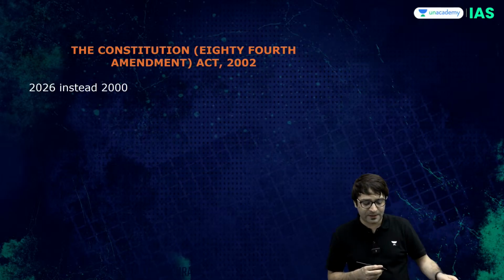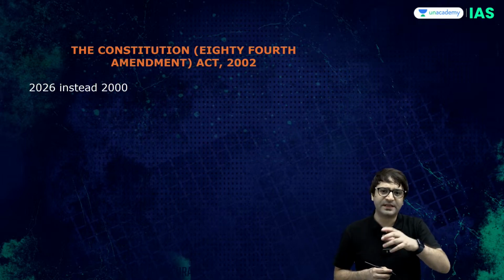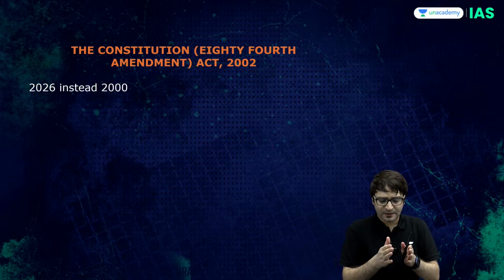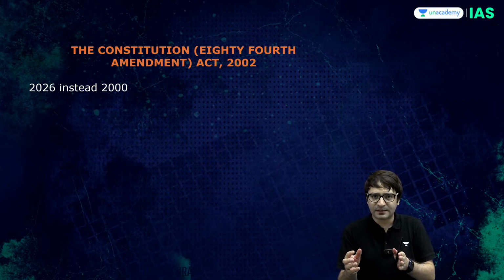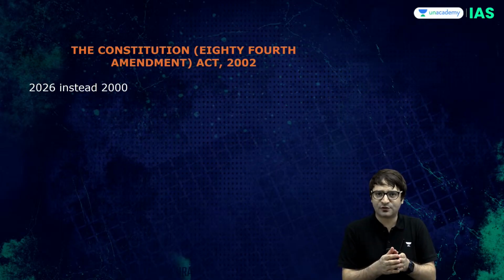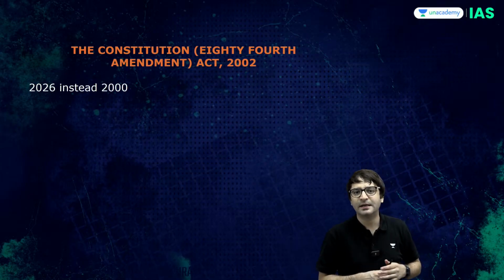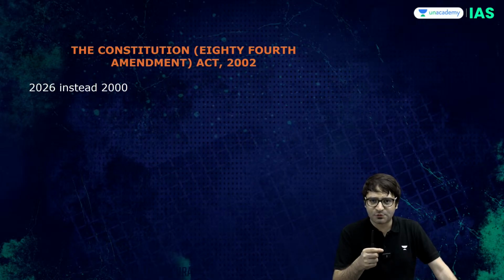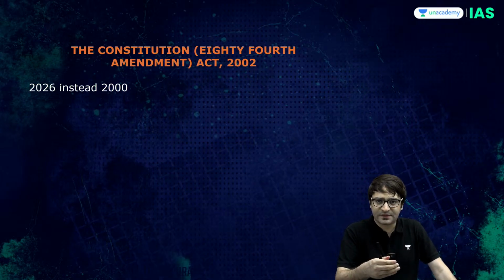Constitution 84th Amendment Act 2002. Now you would know something that we discussed yesterday as well. After every census, there would be a delimitation exercise, which happened after the census of 51, after the census of 61, after the census of 71. But when the census exercise was carried out in 71, there was a delimitation exercise in 1973.